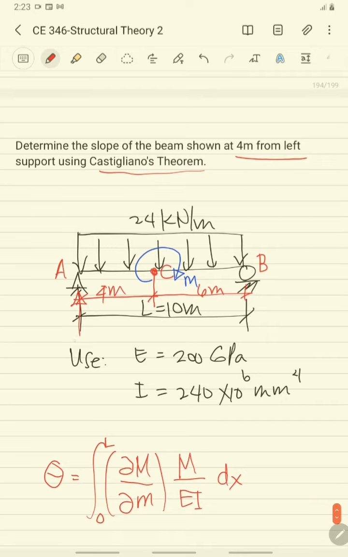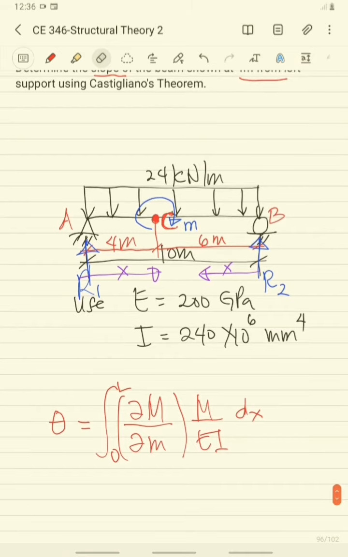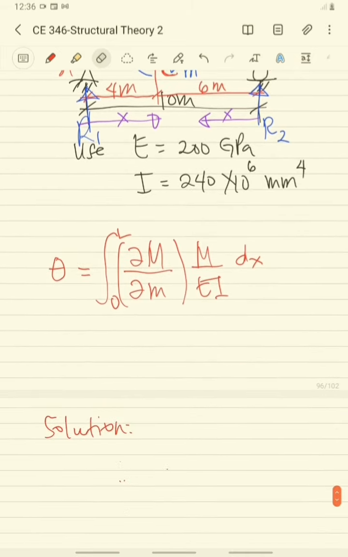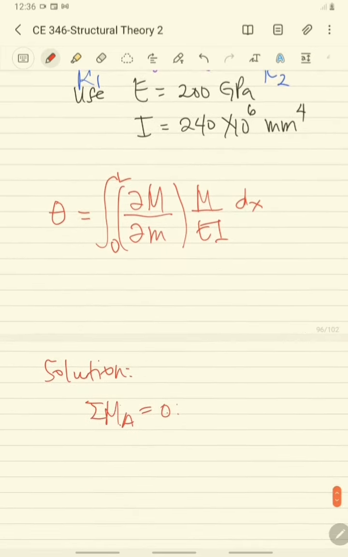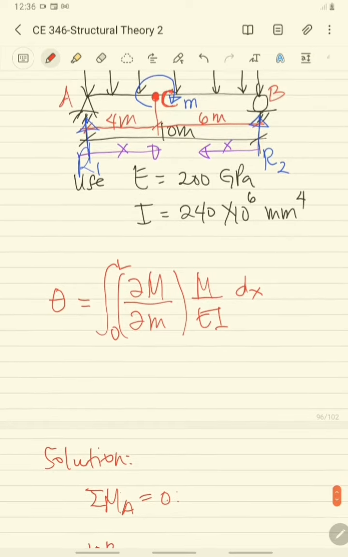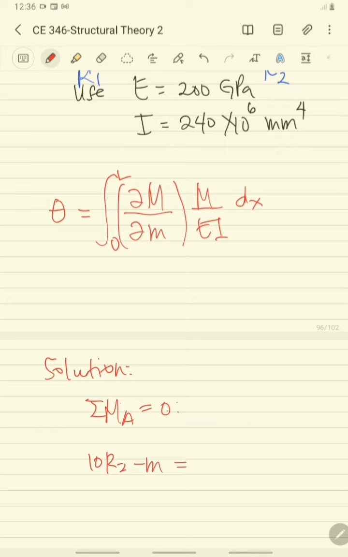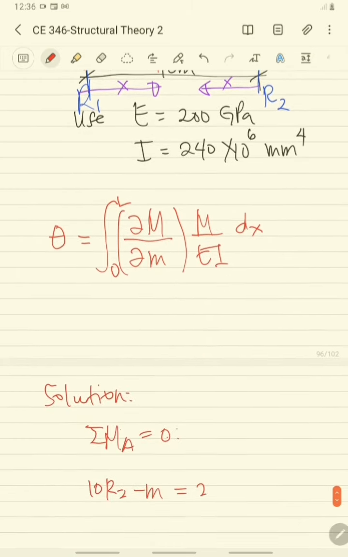Then we have our reactions R1 and R2. We will take summation moment at each support to determine the reaction. So first, we take summation moment at A equal to 0. So you have 10 R2 minus couple of moment M is equal to 24 times 10 times 5.